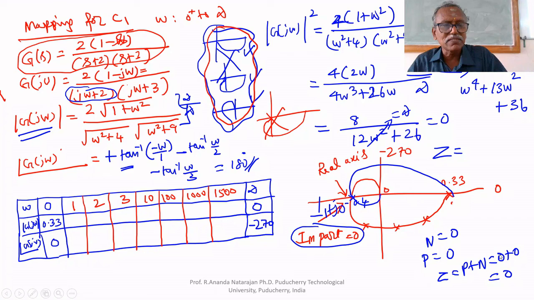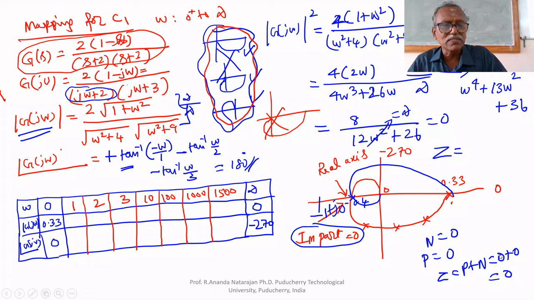What is the second part in this question? Find the range of K for the system to be stable. We know that if you increase K, the plot size will increase.